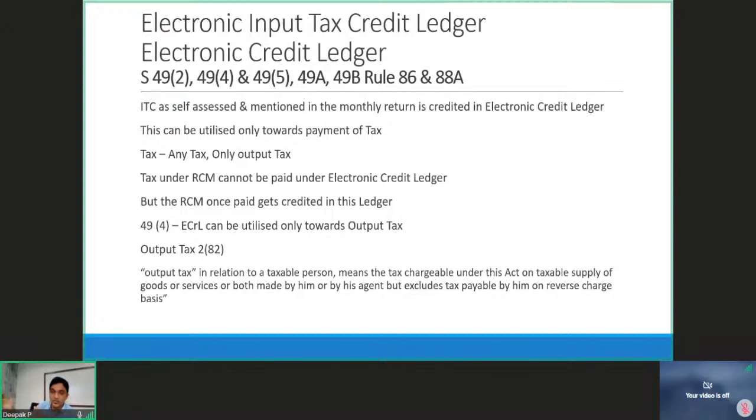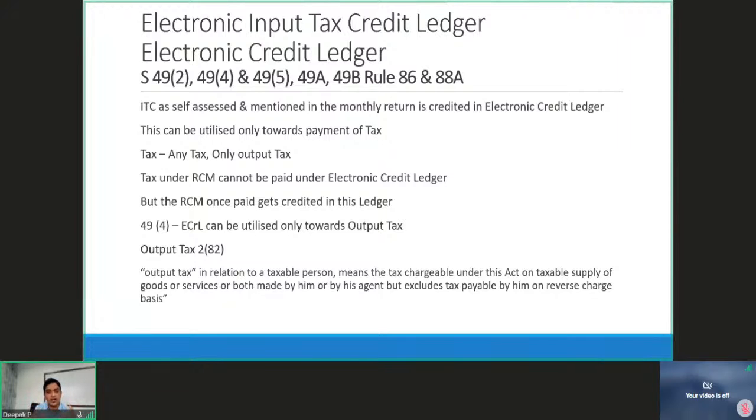I will collect from my customer also 18 rupees. But from the 18 that I have collected, I have already paid say 9 rupees on my purchases. So I will offset 18 minus 9 and pay the 9 rupees to the government account. This offset of 9 rupees, what I have paid to my vendors, is offset through this electronic credit ledger. Clear?